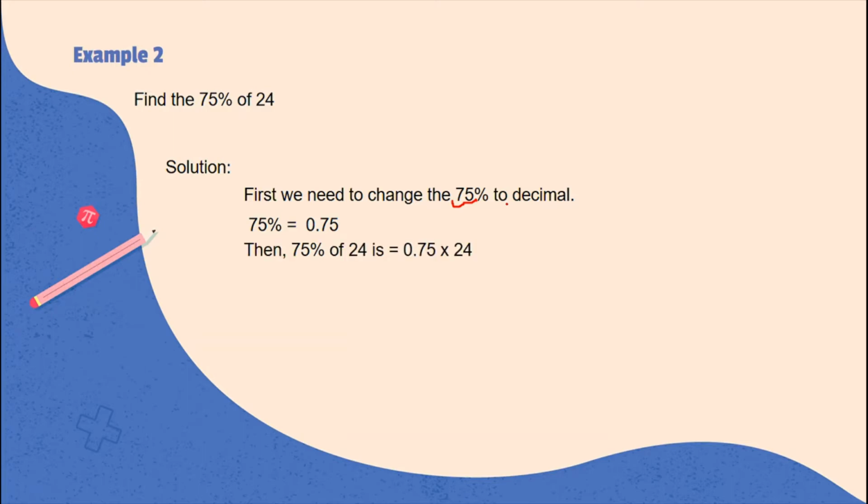Now since we already changed the 75% into a decimal, we can multiply it with our whole number. So 0.75 multiplied by 24, we get an answer of 18. Therefore, 75% of 24 is 18.